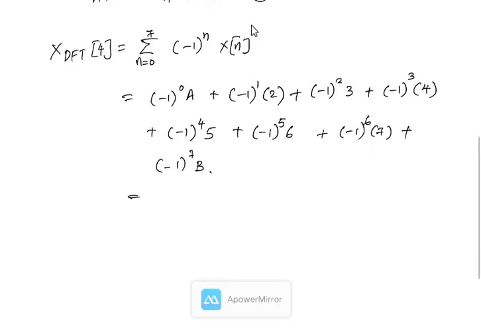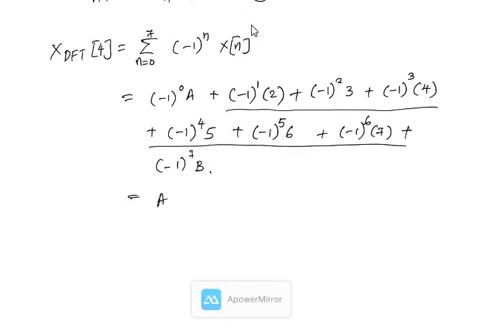So we can simplify, we get a, and then we add up all this, we get plus 3. Okay, minus b. So a minus b equal to minus 3. So this is equation number 2.